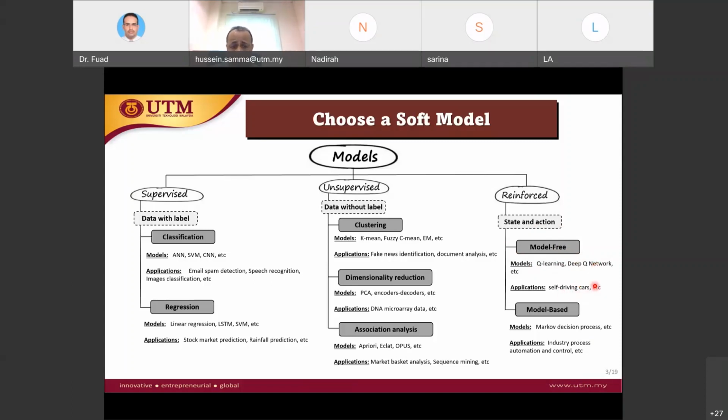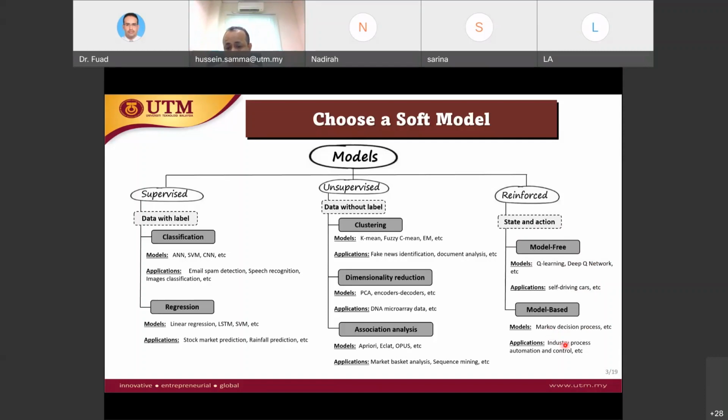Sometimes you can use a combination of these kinds of models to solve your problems, but here I'm trying to make them separate. So we have model-based, in case we can create a model based on some kind of statistics. Here we have an example, the Markov decision process. So the model has to be built, then could be applied to the problem.